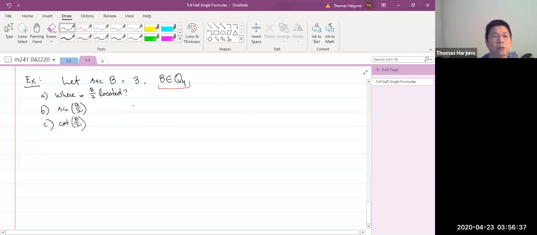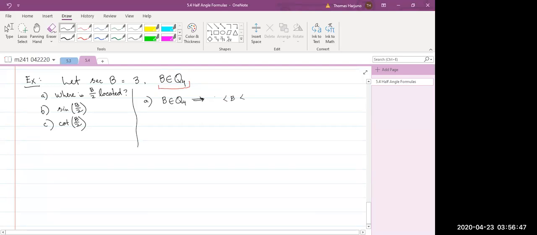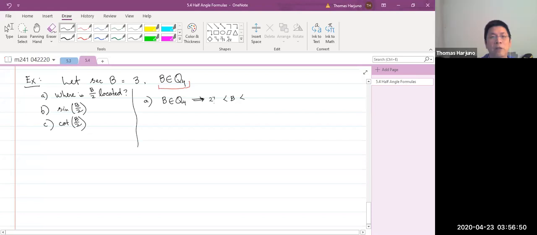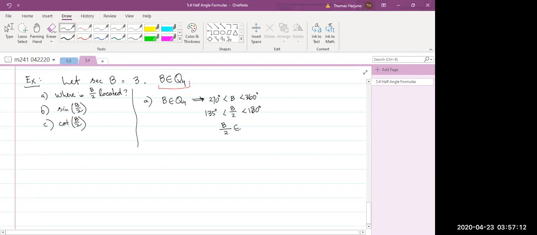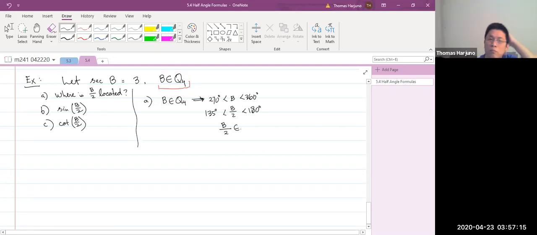Now, let's answer the first one. B is in quadrant 4. It means B must be from what angle to what angle? 270 degrees to 360. And then when I divide by 2, that will be between 135 degrees to 180 degrees. So from there we see B over 2 is in which quadrant? Third quadrant? No, I don't think so.